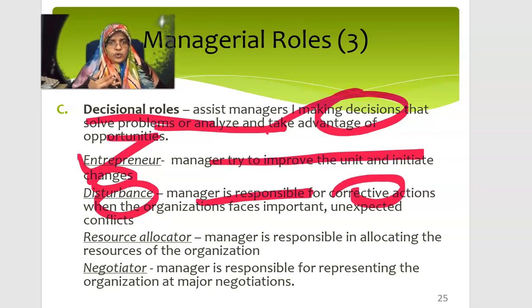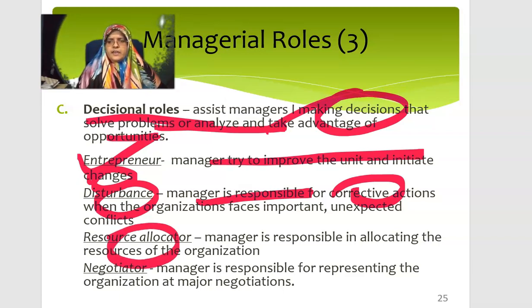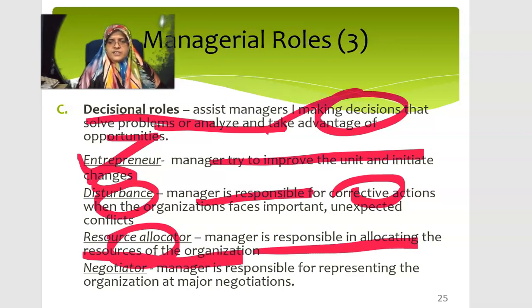So, how to overcome the problems or mistake that has been done before. Resource allocator. The manager is responsible in allocating the resources of the organisation. The negotiator, orang yang berupaya untuk berunding, okay, dengan organisasi ataupun berurusan dengan pekerja bawahan ataupun top management.